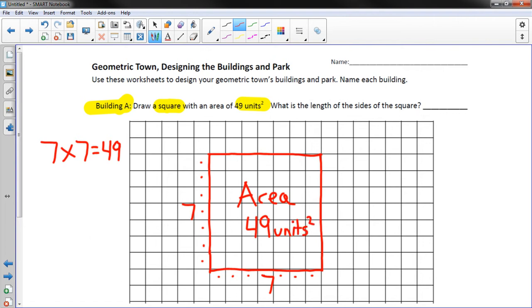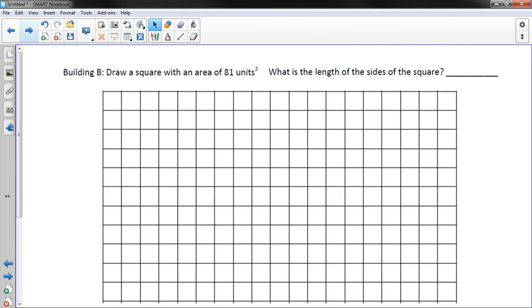And what is the length of the sides of the square? The length is 7. 7 units. Alright, let's go on to the next one.